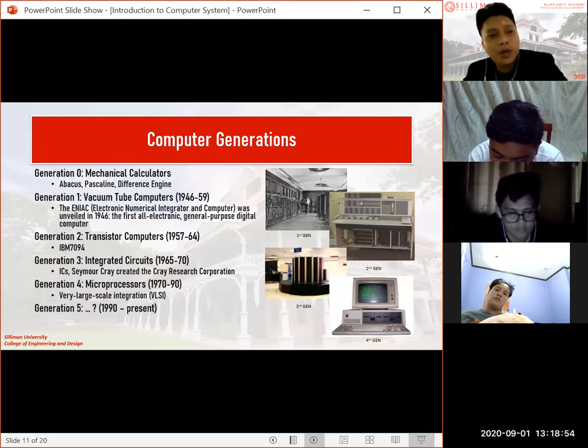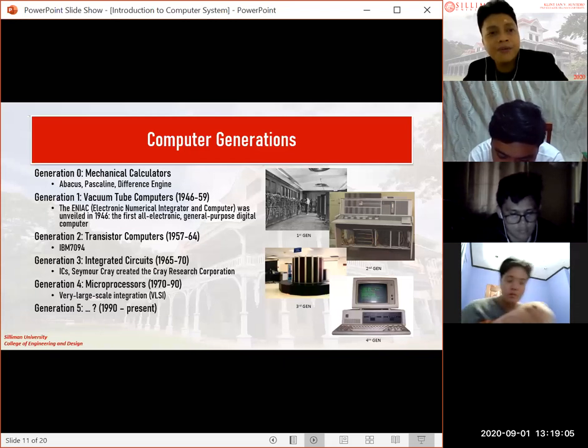During this one, we have five generations already. The first generation is the mechanical calculator, so it's generation 0. Then later on, since we discovered electricity, we were able to create vacuum tubes for computers, and then what we call a transistor.